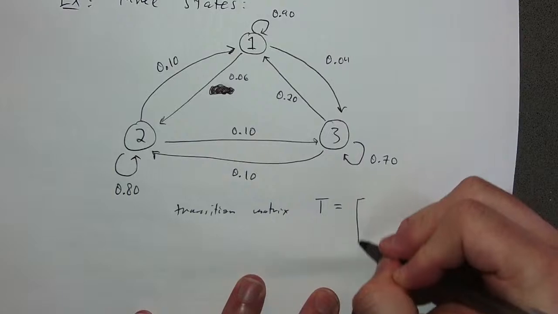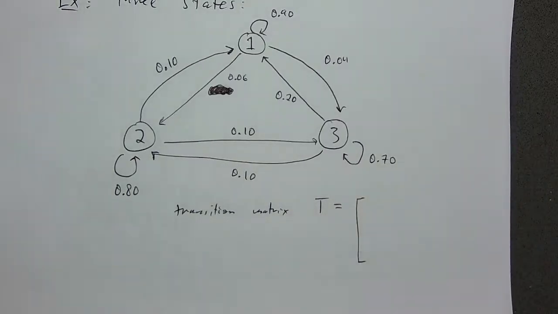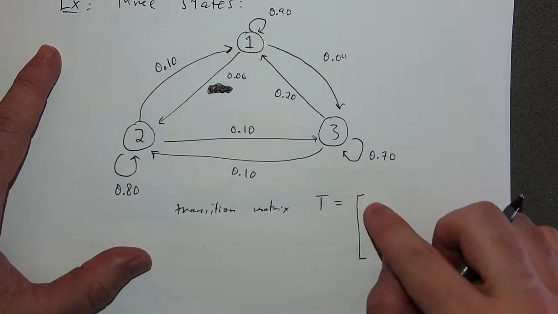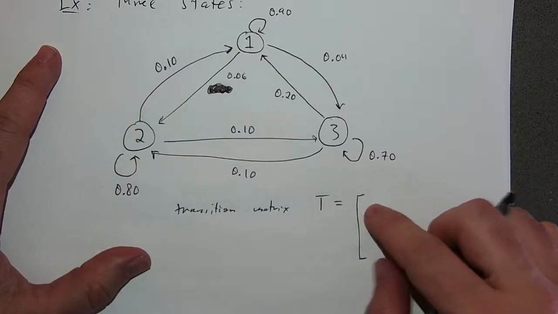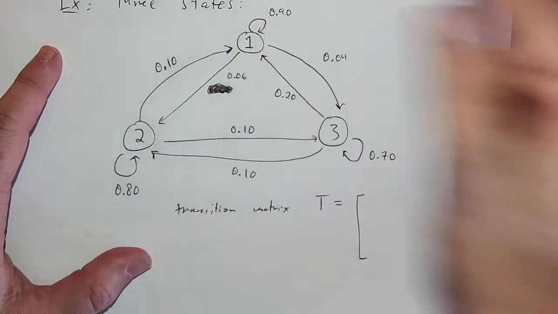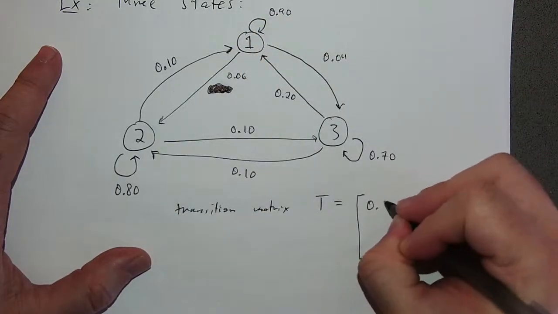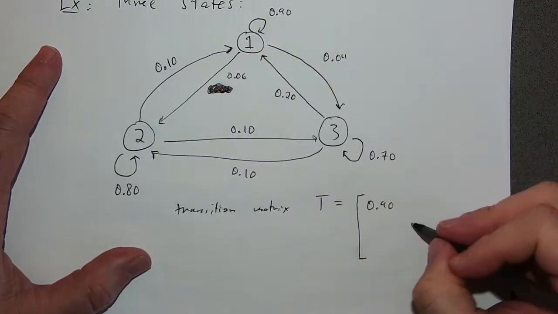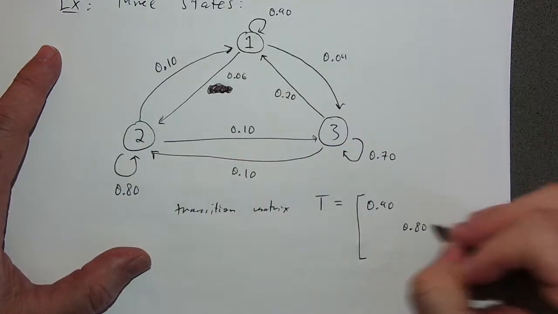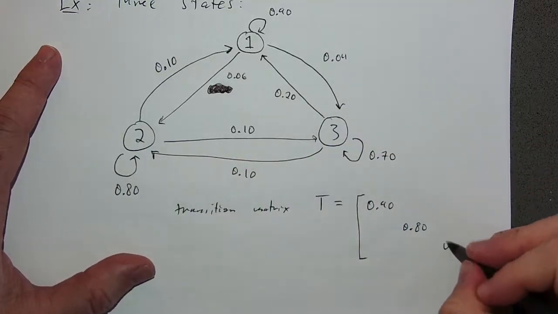Okay, so here, this is T sub 1,1. It's the proportion of people that are staying in state 1, so state 1 to state 1 in one step. Might as well fill out the whole diagonal here. State 2 to state 2 is 0.80, and state 3 to state 3 is 0.70.